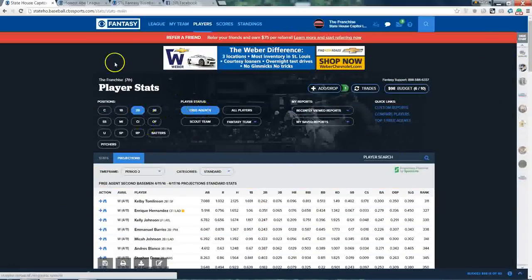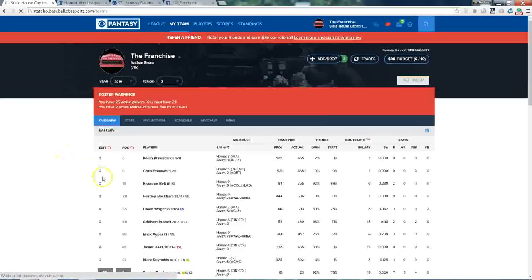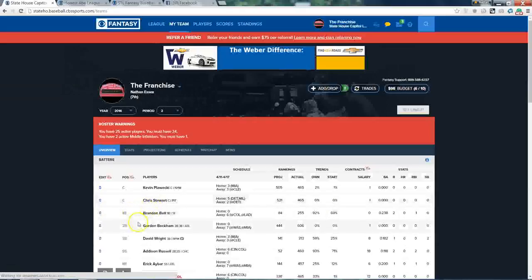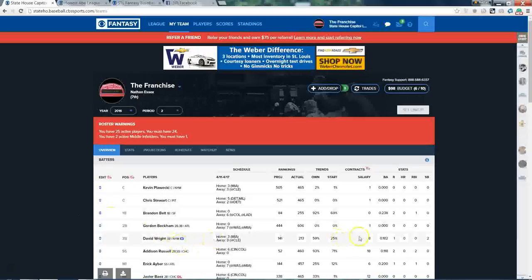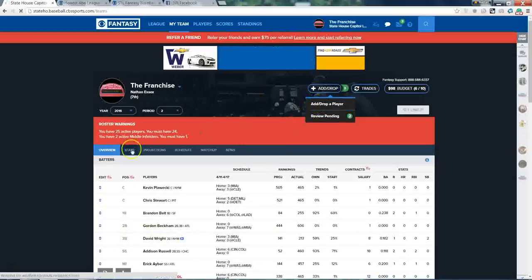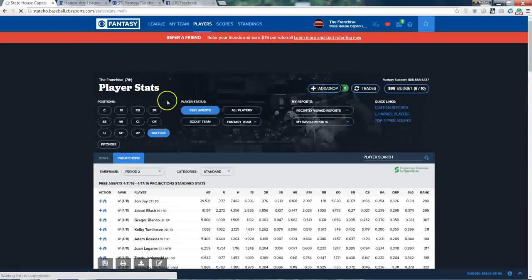Now let's go through, and I want to look at my team again. And I'm just mad at David Wright for no apparent reason, like Brian. And we want to get rid of him, even though he's not doing great, I guess, but he did okay today. So I'm going to find a replacement for David Wright. We want to add drop a player. This time we're going to sort by third baseman.